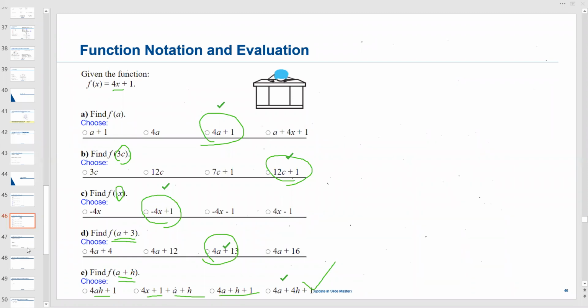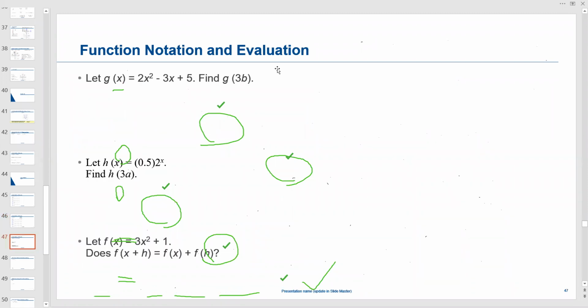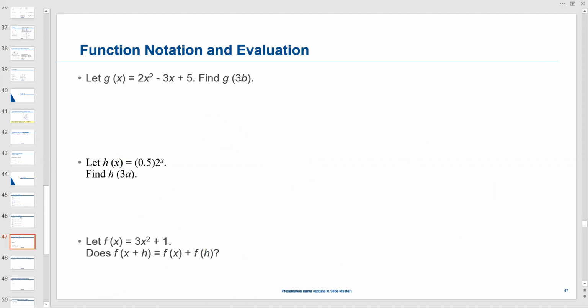So we also left you this as your homework. Same here. So you replace the x with the 3b. Replace this x with 3a, right? And the same here, replace the x with x plus h. And it became the left part.